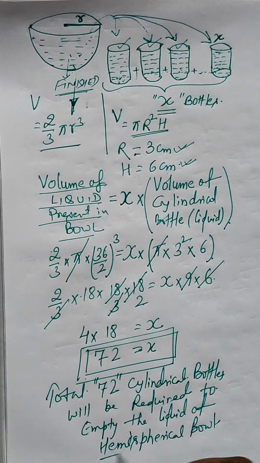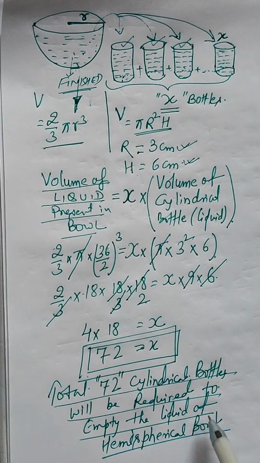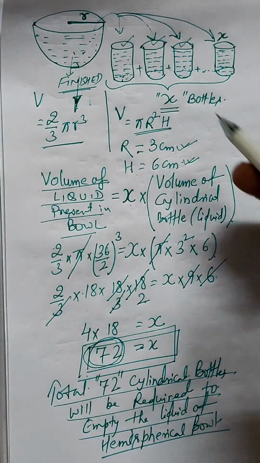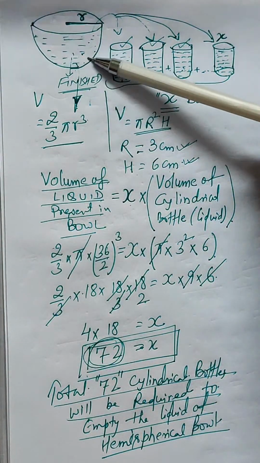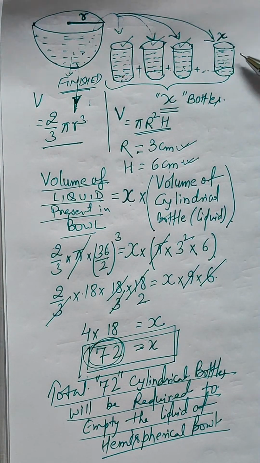I am pronouncing along with writing, so that if my handwriting is not understandable to you, you'll be able to understand. Okay, so we need such 72 bottles, so that the liquid present in this hemispherical ball will be emptied into these cylindrical bottles.